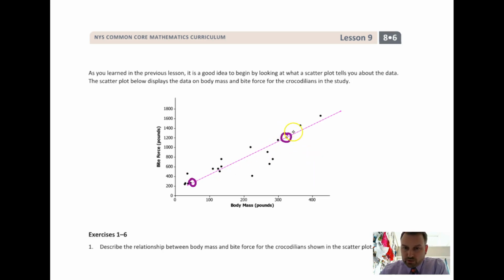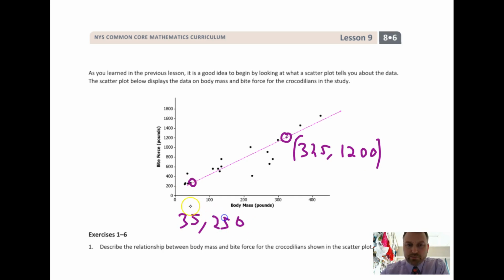This one looks like it's about 325, 1,200, which means it weighs 325 pounds but has a 1,200-pound bite force. And right here, it looks like it's about 35 pounds, and we'll say 250 pounds of bite force. So we're going to use these two points and calculate the line of best fit.